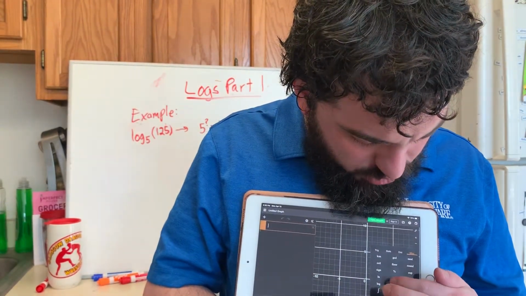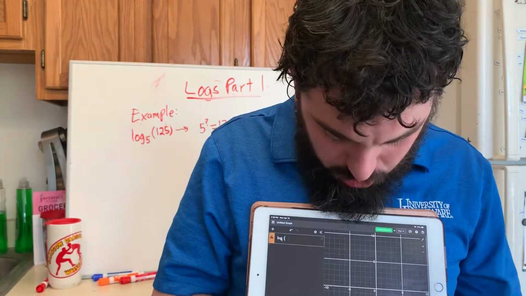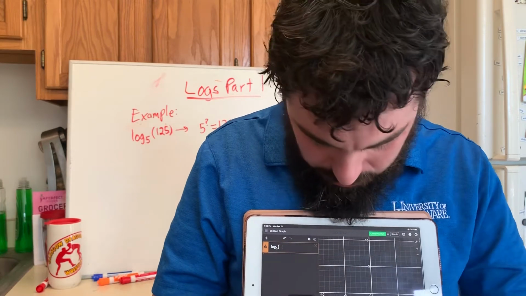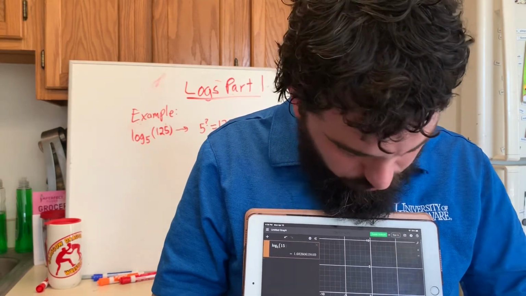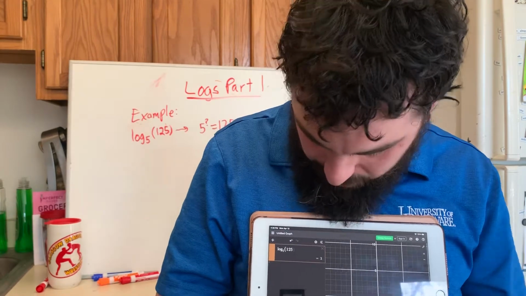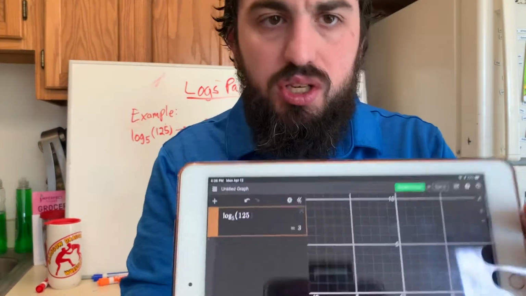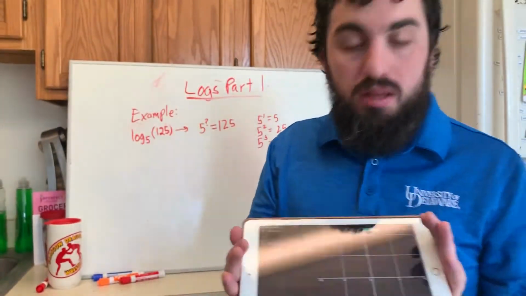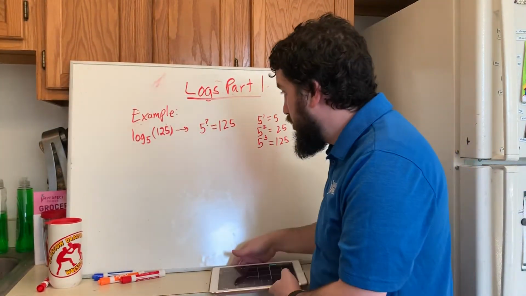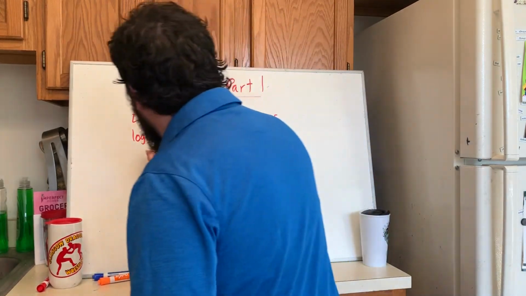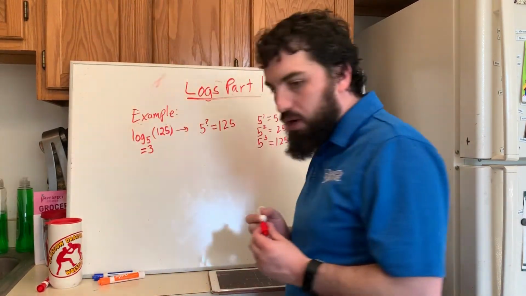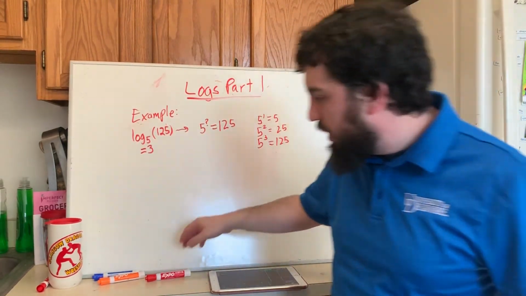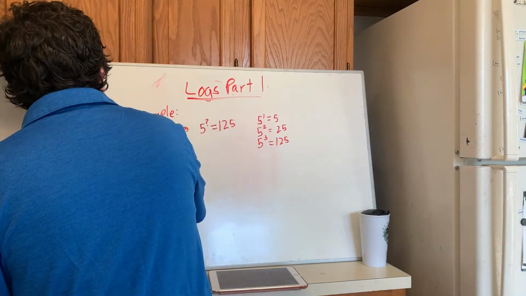That's the one I want because it will let me put a little subscript number down here like 5. And then inside here I can type 125. As you see, all I did was type it in and we get 3. So this is equal to 3. So it's all about the calculator. So this was example A.